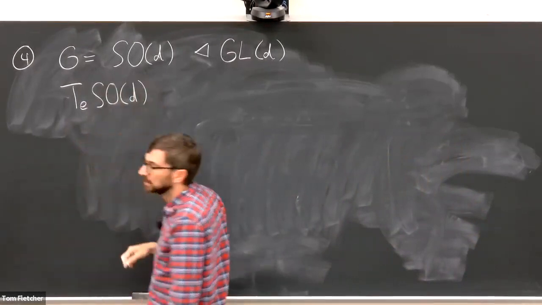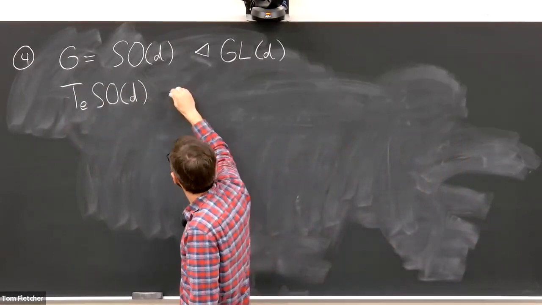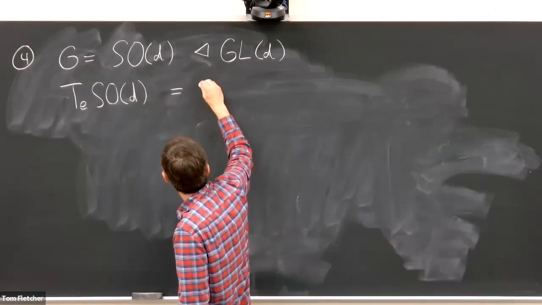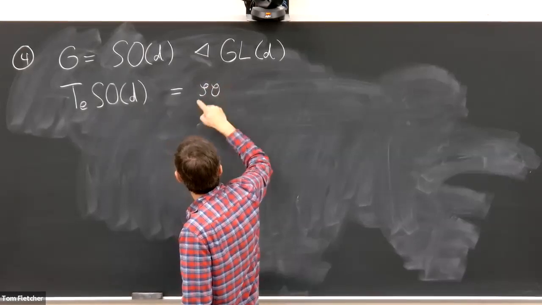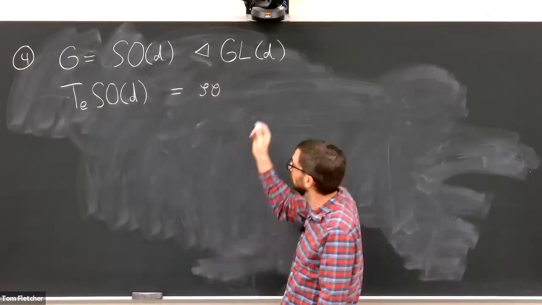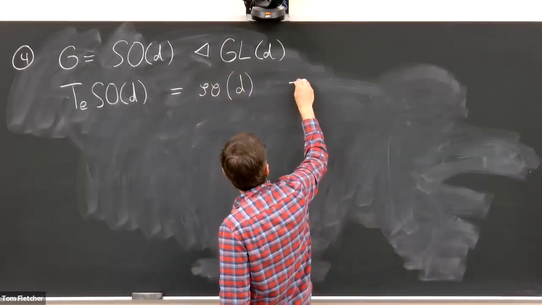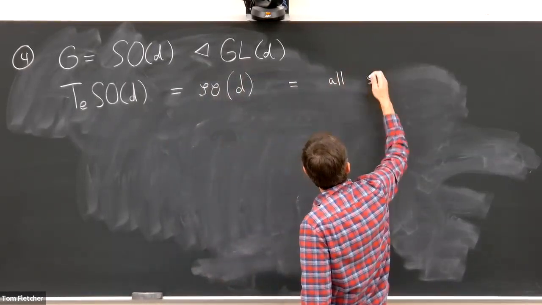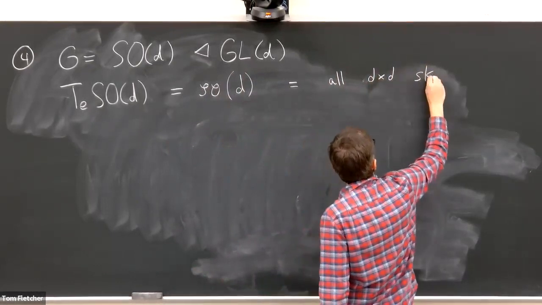So the tangent space to the special orthogonal group at the identity is called, again, in this font I can't draw, maybe like some curlicue, little so in Fraktur font, D. It is equal to all D by D skew symmetric matrices.